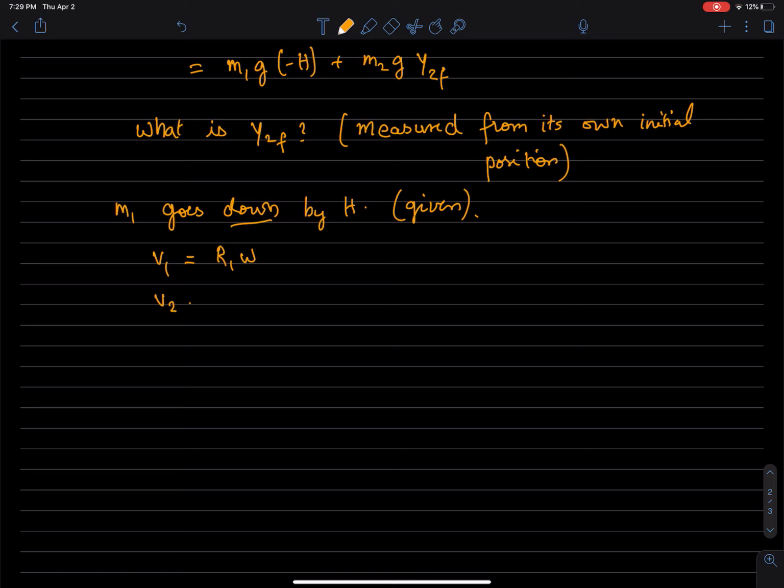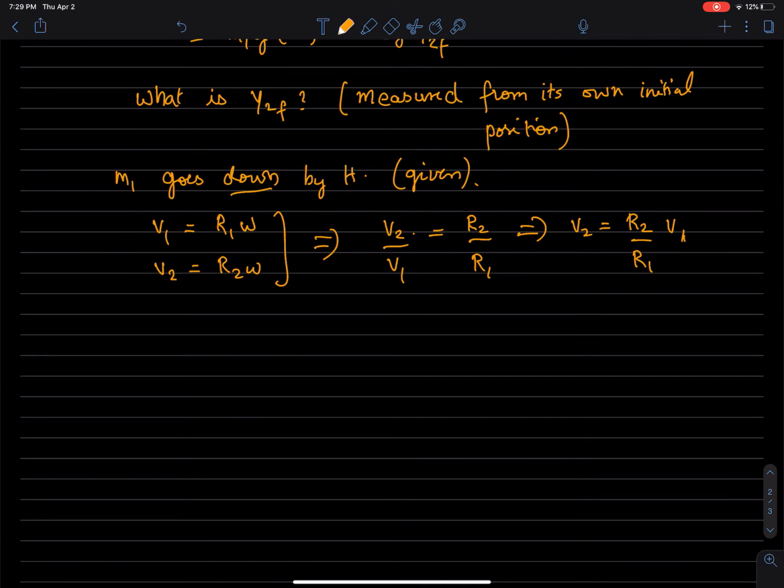Velocity of 2, V2, is R2 omega. We can use these two things to show that V2 by V1 equals R2 by R1, or V2 equals R2 by R1 times V1.